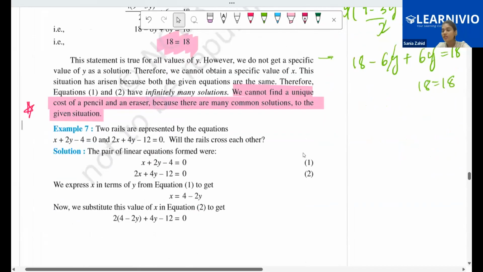Now this type of questions can be asked to you, whether the rails will cross each other or not. So the rails will cross each other only when they have how many solutions? See, two equations are given to you, and these equations are two rails that are moving. So when will the rails cross each other? How many solutions will be there so that they are crossing each other?